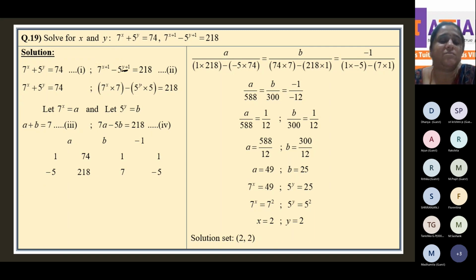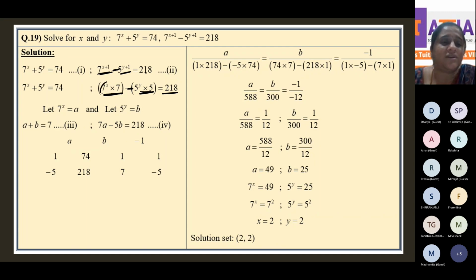Similarly here, 5 to the power y into 5 to the power 1, we add the powers, 5 to the power y plus 1. So we're just writing the earlier steps. So this can be written like this, minus, this can be written like this, is equal to 218.